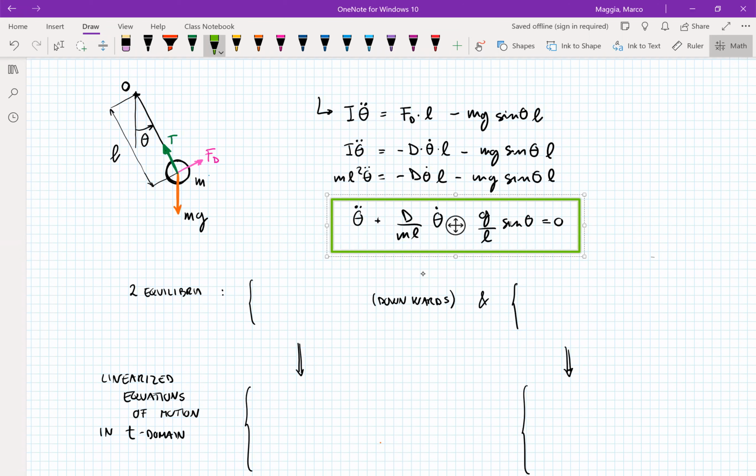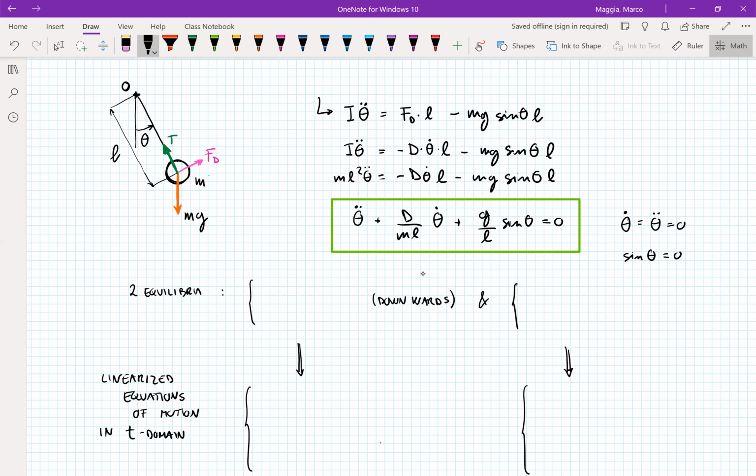Now, what are the equilibrium points of the system? Well, you have to set the velocity and the acceleration equal to 0. And so all you have is sine of theta equal to 0.